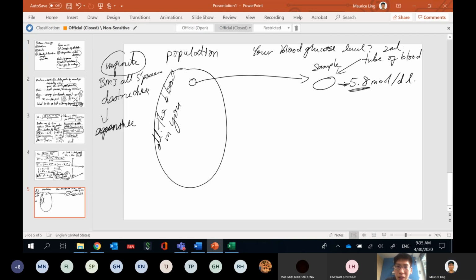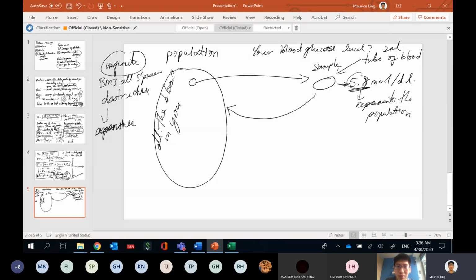So it could be representative of the population as well as of the sample, sir. Okay, so I'm trying to say that this tube of blood, although it comes from the sample, it actually represents the population. Correct?